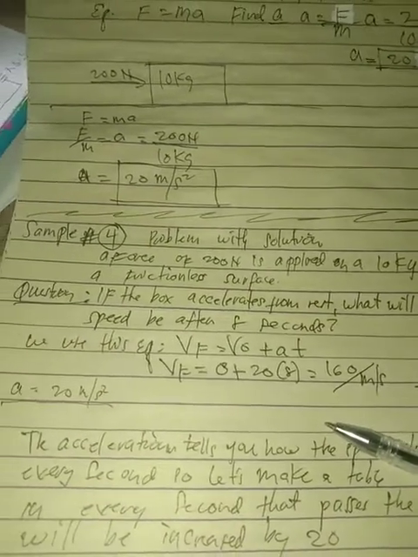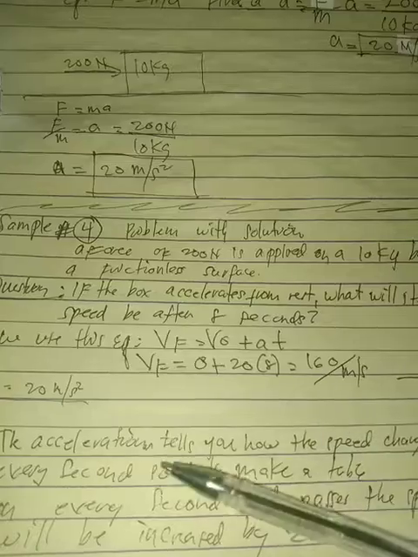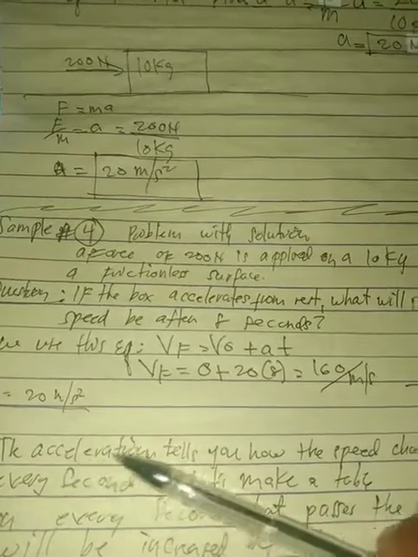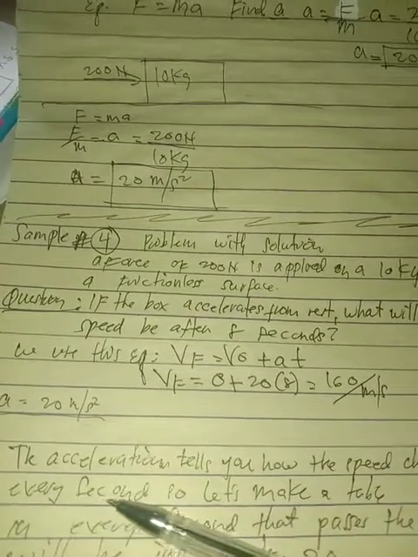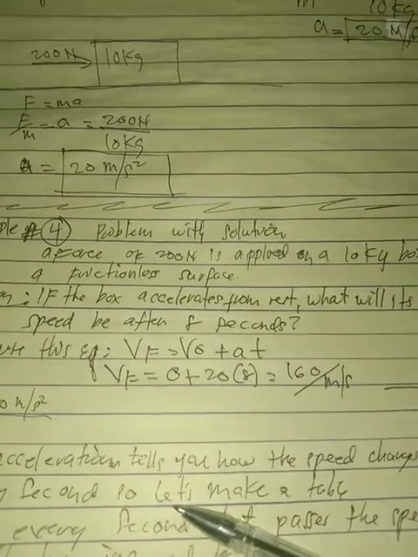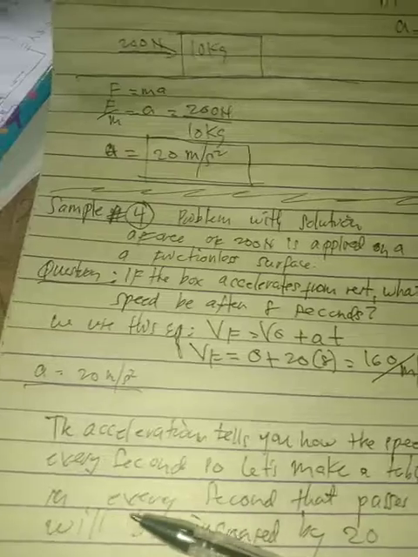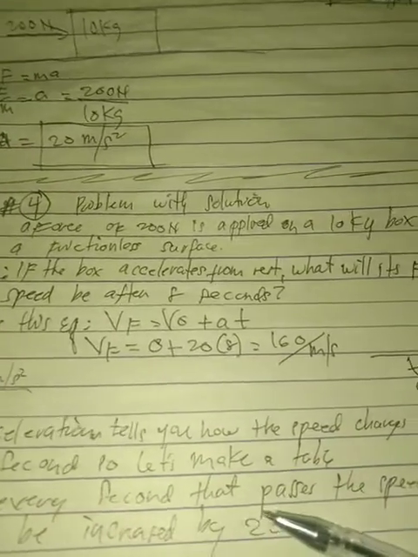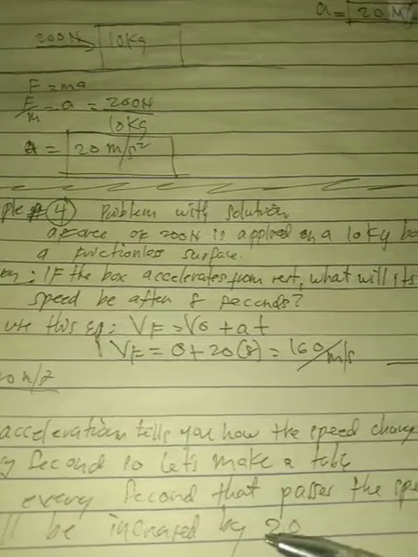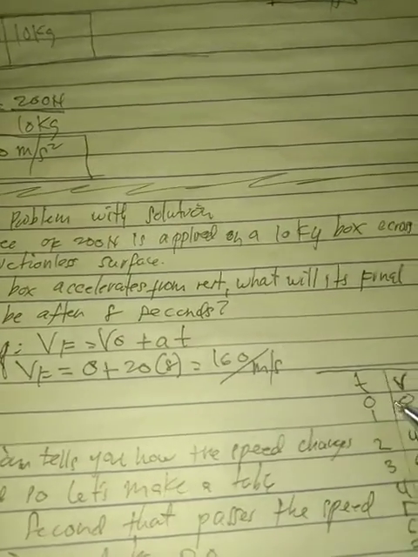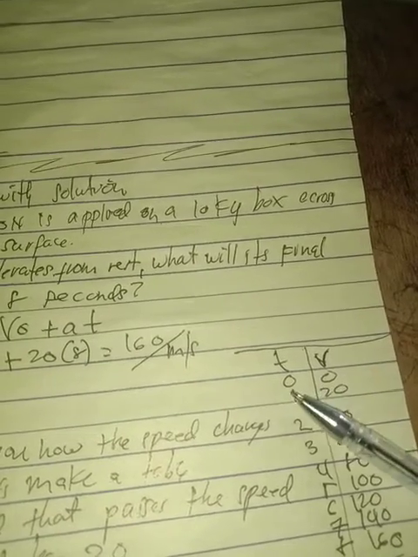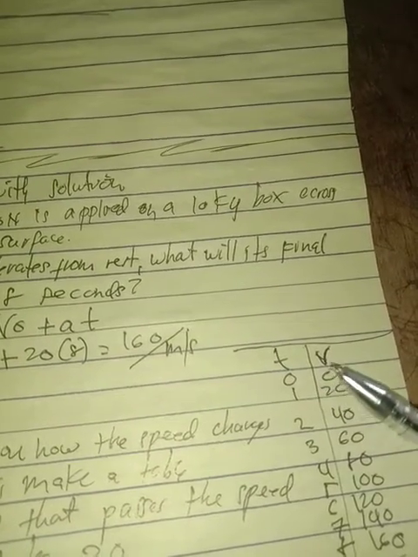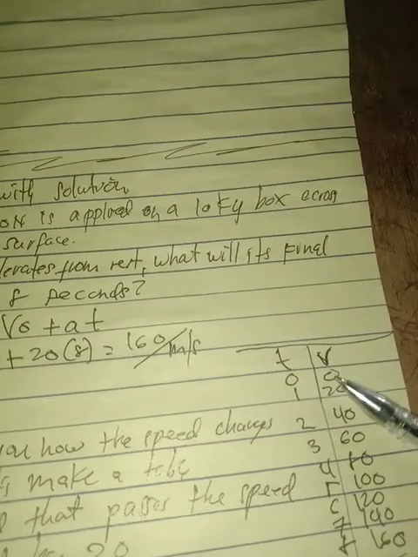Before we make the table, the acceleration tells you how the speed changes every second. In every second that passes, the speed will be increased by 20. So here is our table. At t equals 0, v is 0.